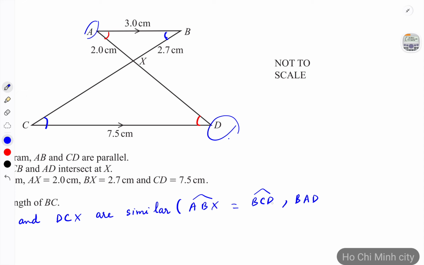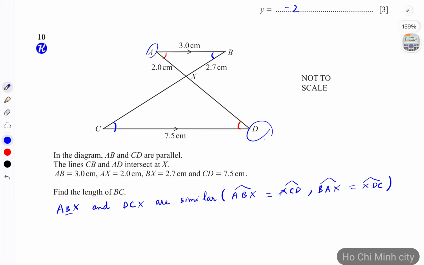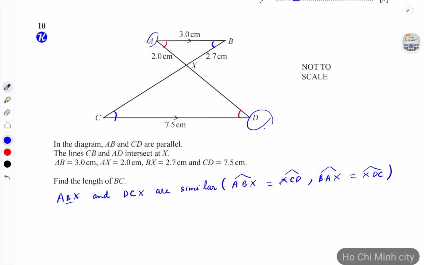So this one is BCX equals XCD, and this one is BAX equals XDC. All right. Just two pairs of angles are enough. Two pairs of them are equal in size, so we can infer that these two triangles are similar.